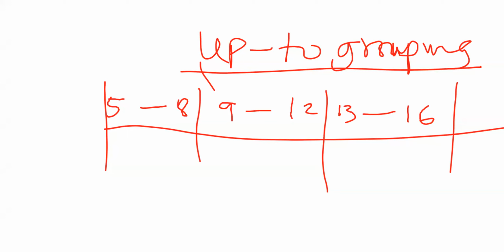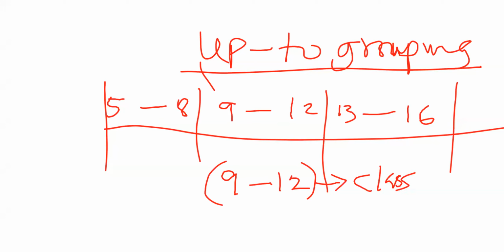Okay. Now I'm having here 9 to 12. There is a group. This group is an example of up to grouping. And when you have up to grouping, you call it class limits.